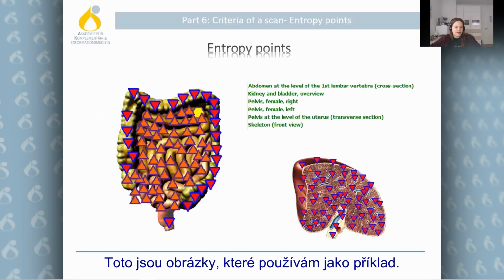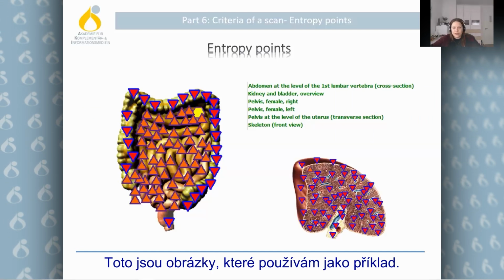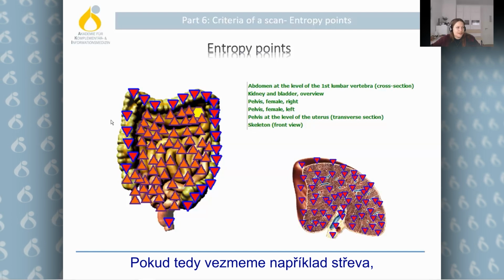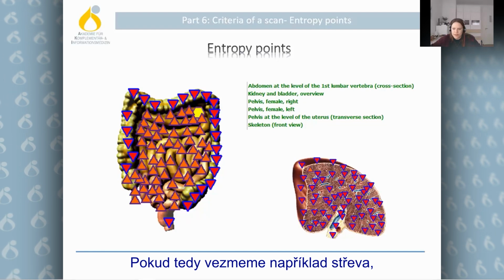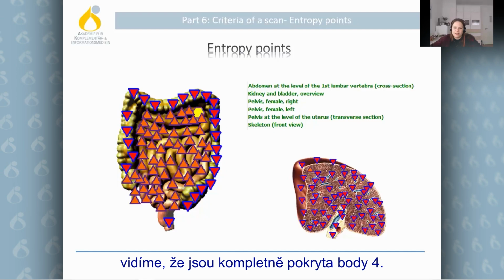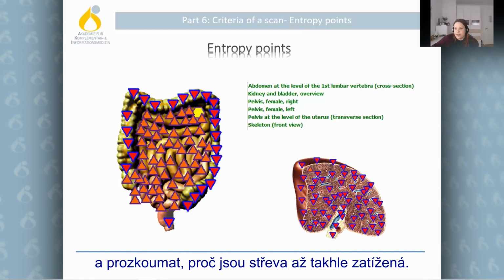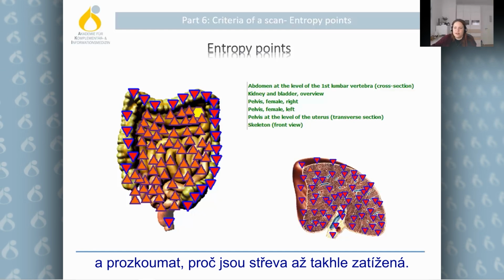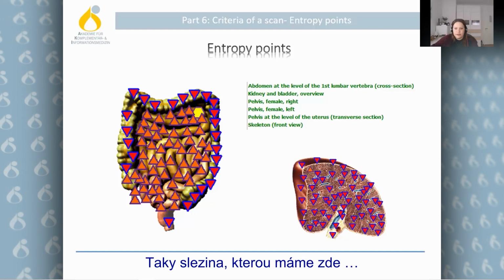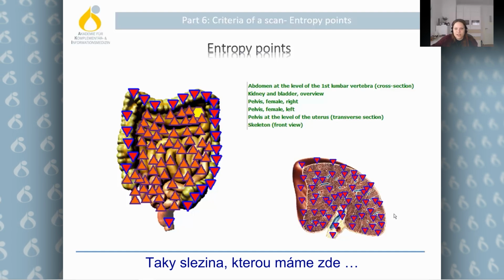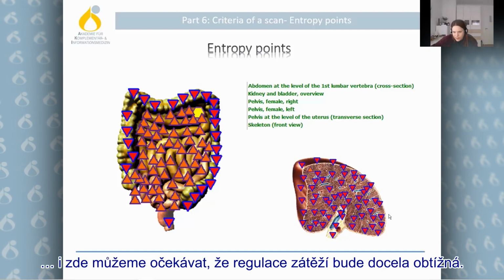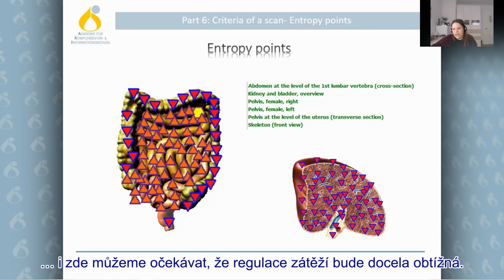These are the pictures I use for this example. For example, when you have the intestine, it's completely full with 4, not relaxed. This is where I want to see in the evaluation what's going on there, why the whole intestine is that stressed. Also the spleen you have here, here too we can expect that regulation against stresses will be rather difficult.